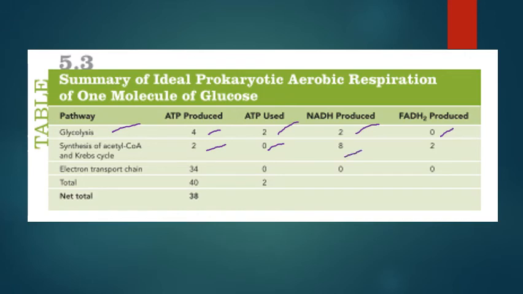Sa electron transport chain, 34 ang mapoproduce na ATP, pero walang ATP na nagamit. So, total, 40 yung napoproduce, pero dahil dalawang ATP yung nagamit natin, it would actually have 38. 38 ATPs ang napoproduce.